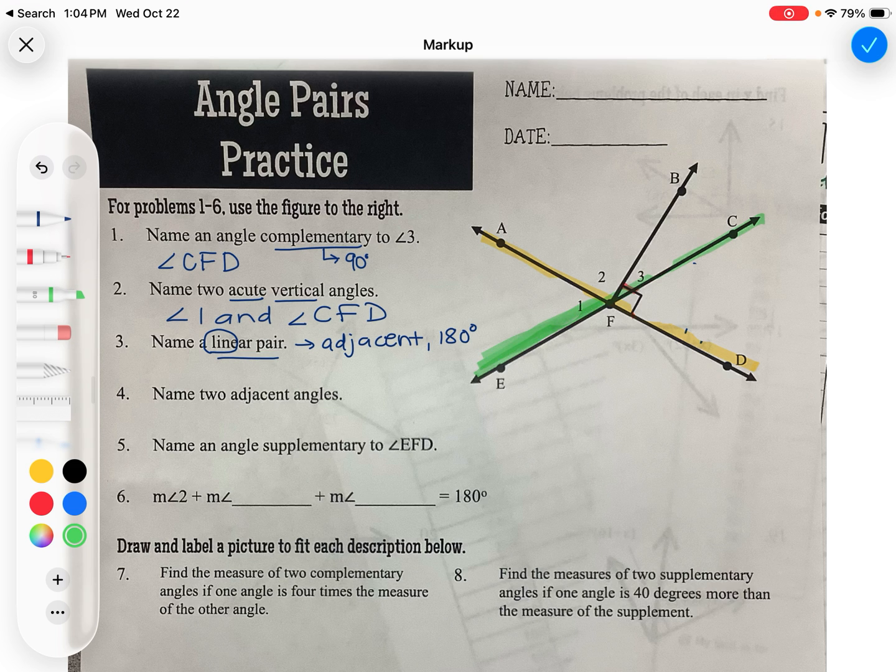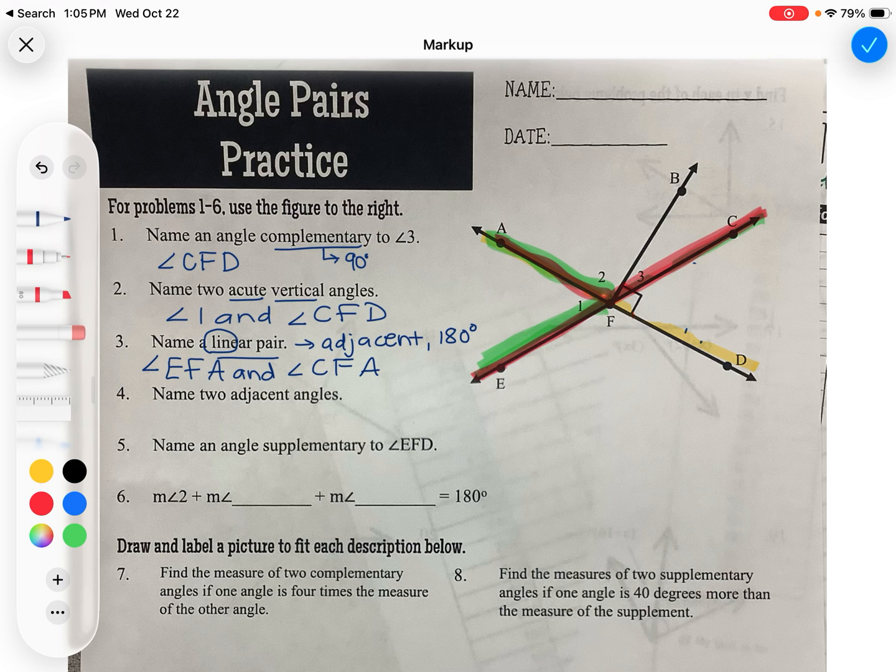I can say this angle here makes a line with this angle here. What line do they make? With this one, right? So I can say angle 1 or angle EFA and angle CFA.